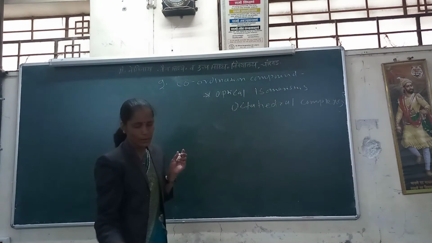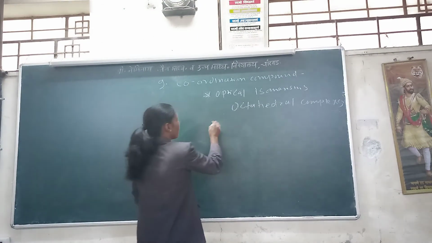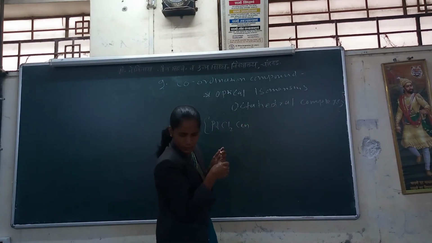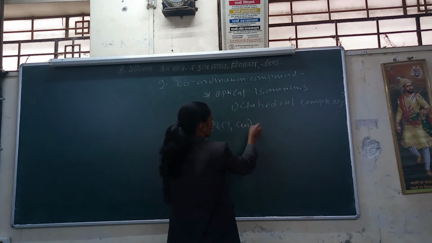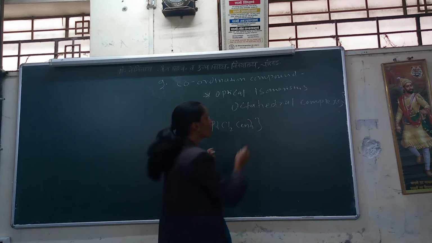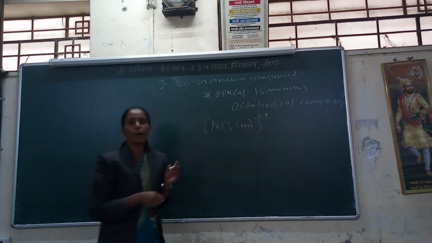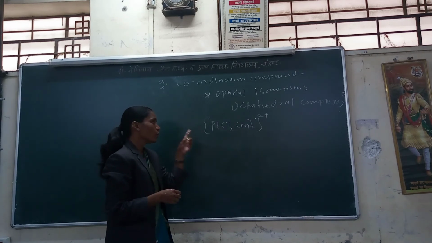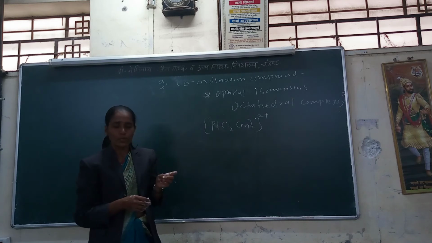For example, platinum is the central metal, Cl2 en twice, and the charge is 2 plus. This compound is asymmetrical and shows optical and geometrical isomers.